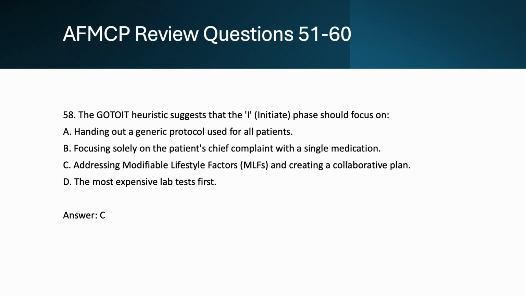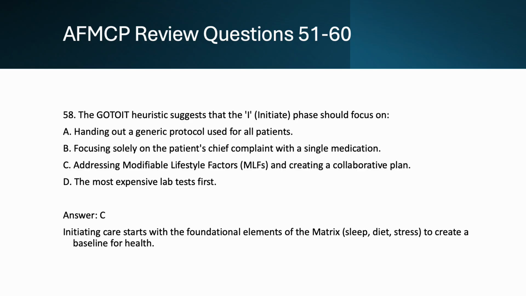And the correct answer is C, addressing modifiable lifestyle factors and creating a collaborative plan. So initiating care starts with the foundational elements of the matrix, such as sleep, diet, and stress to create a baseline for health. A is incorrect because in functional medicine, the clinician prescribes a personalized treatment protocol for each patient rather than handing out a generic protocol for all patients.